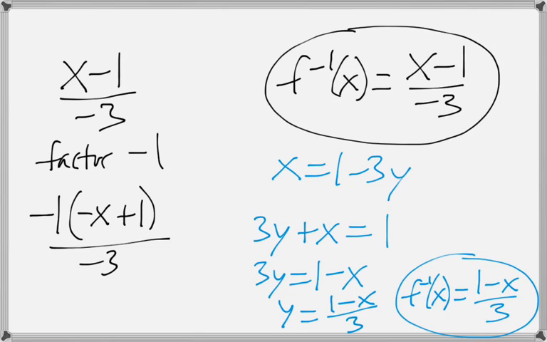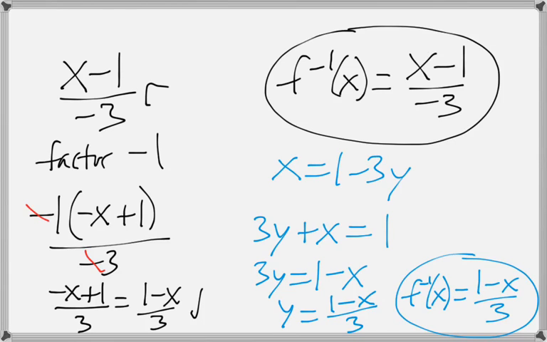Then these negatives would cancel out, and you'd be left with negative x plus 1 over positive 3, which the other way of writing that would be 1 minus x over 3. So the two are equivalent just by factoring out a -1. So again, if all of your signs are opposite, then your answer is still okay.